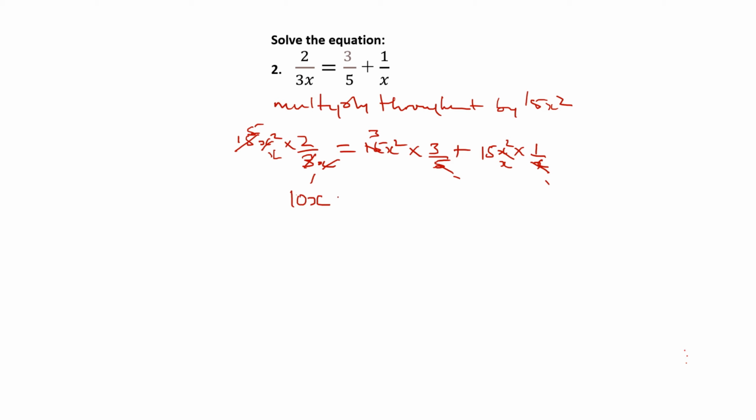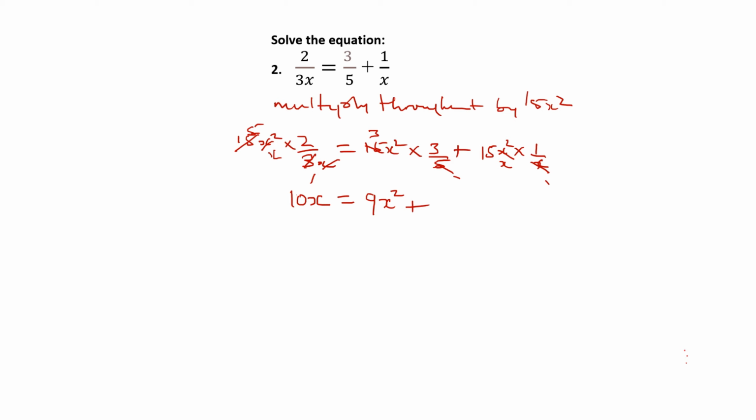Write our equal to sign. The square is here. Remember we didn't cancel the x squared, so 3x squared multiplied by 3, so it's 9. 3 times 3 is 9. So we say 9x squared plus 15x.